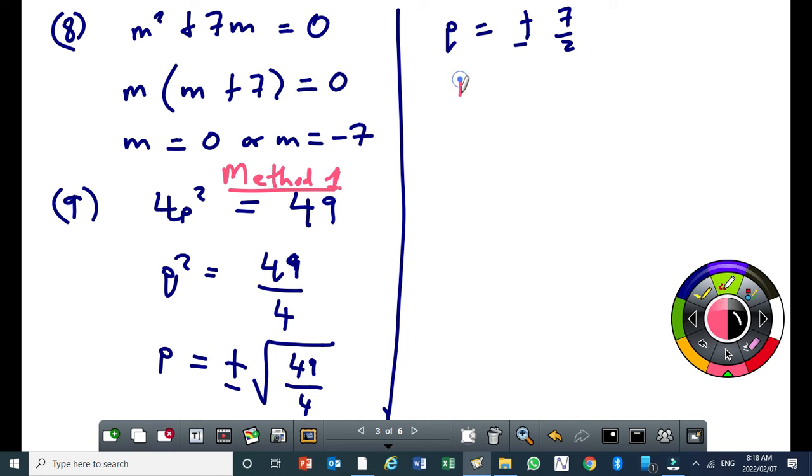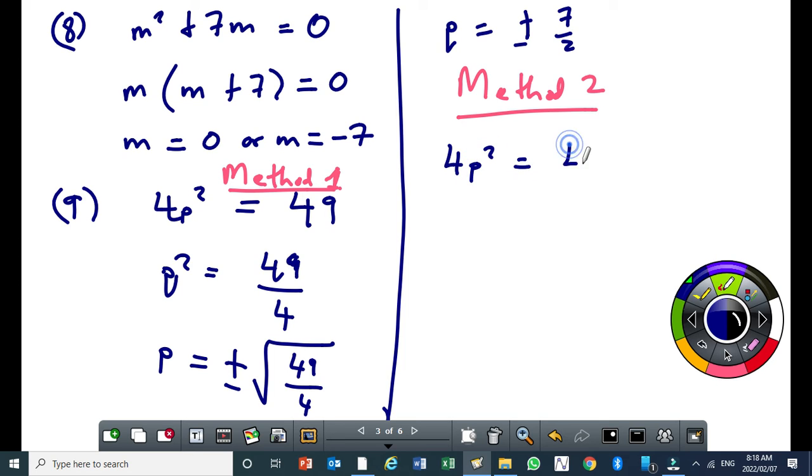You can have method 2 whereby you factorize by a difference of 2 squares. So 4p squared is equal to 49. You take the 49 to the left, this becomes 4p squared minus 49 equal to 0.